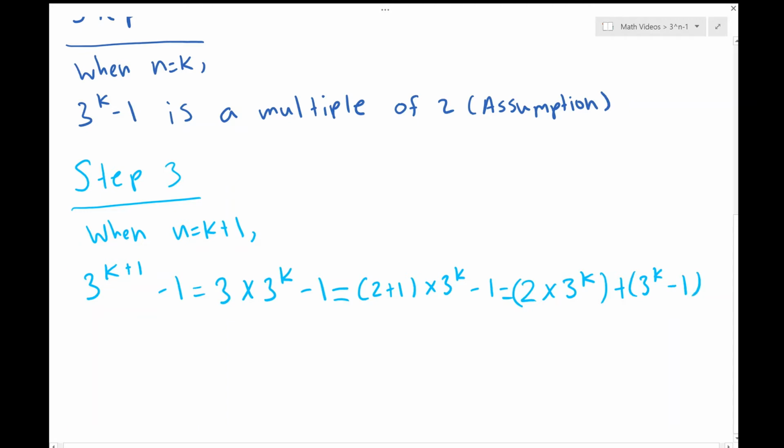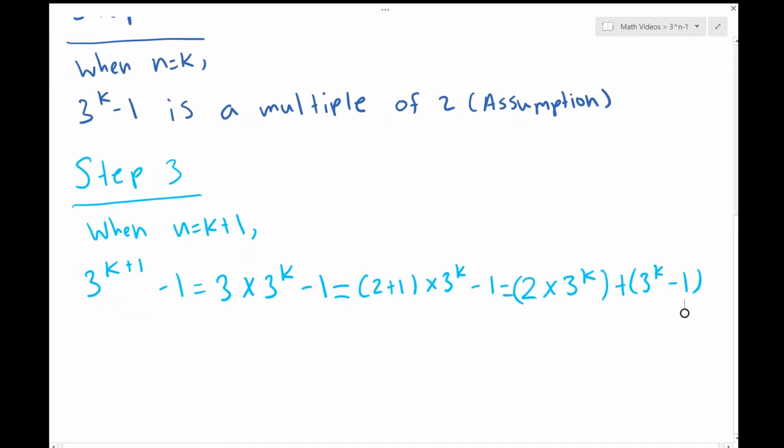And this is a multiple of 2, because what we have here is 2 times something, which will always be a multiple of 2. And what we have here is another multiple of 2. The reason this part is a multiple of 2 is because of here, we assume that this is true, right?